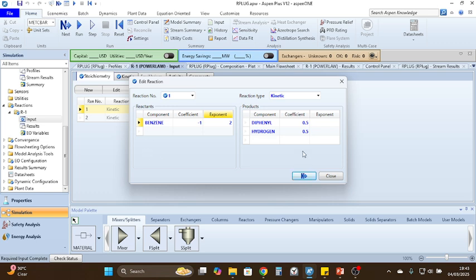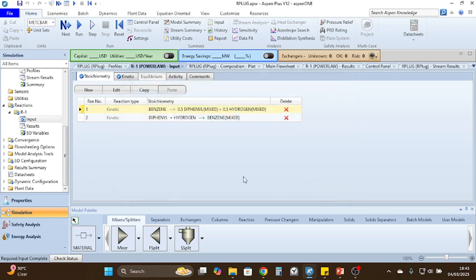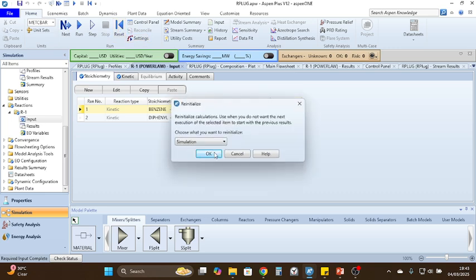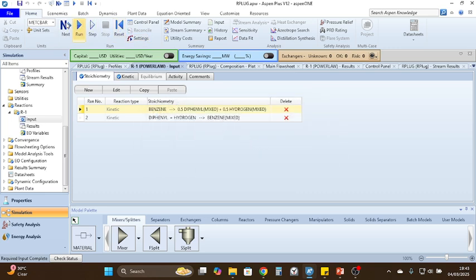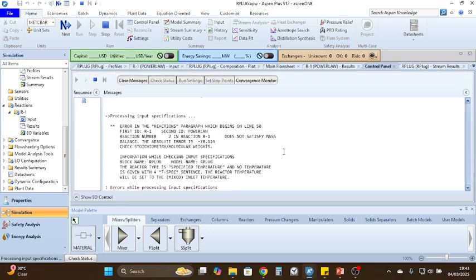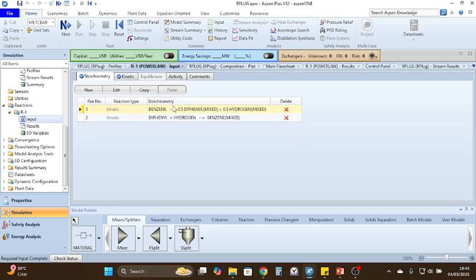If I am doing it like this, then it is telling that it is not in mass balance. There will be a mass imbalance because two products are coming over here.